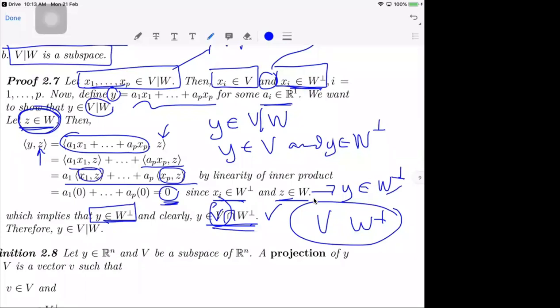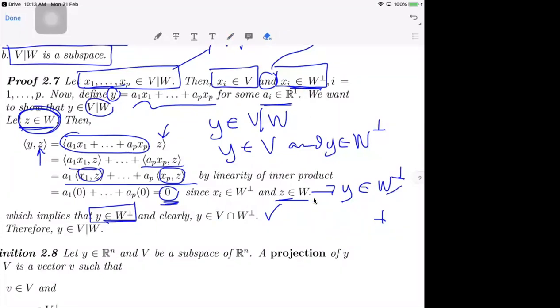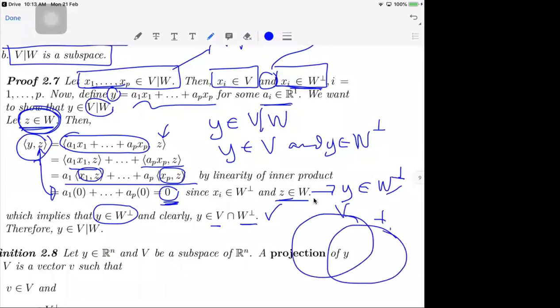This solution tells us that y is in W perp. But clearly, if I take W perp intersect V, y is also there. It is in the intersection. So y is in W perp. So this holds. Okay?